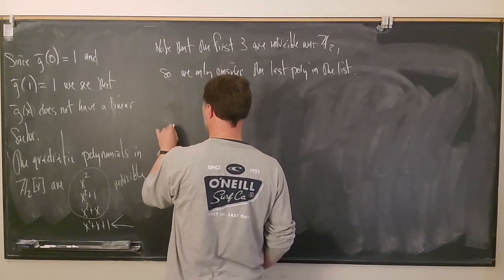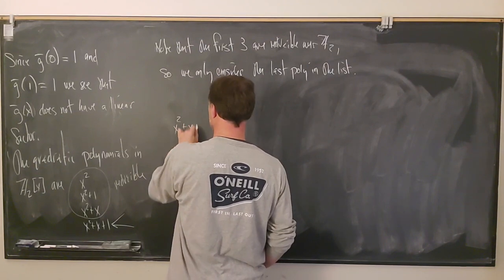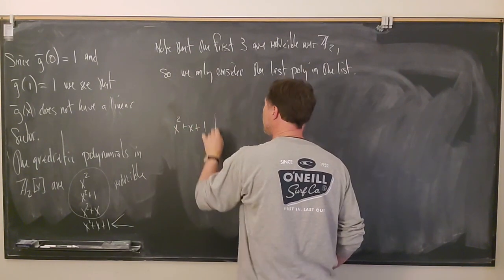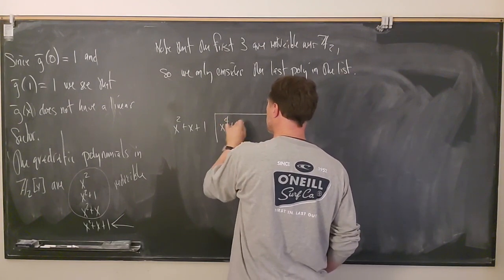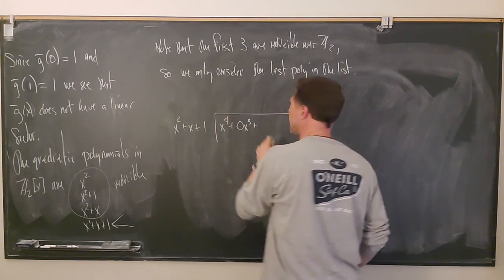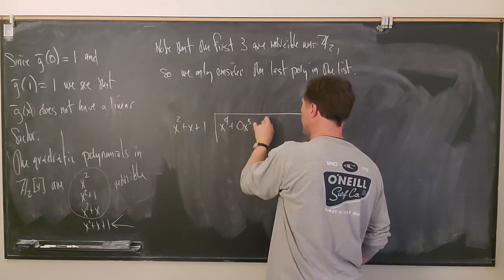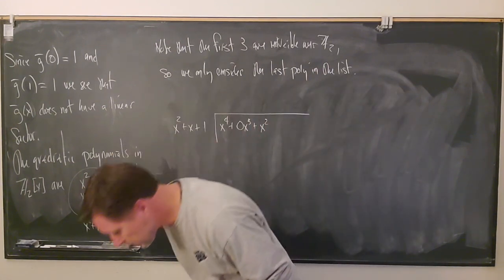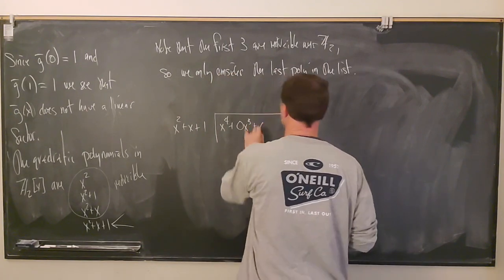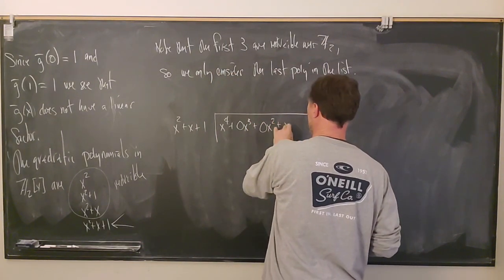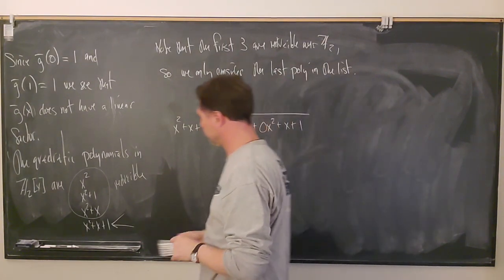So I do x squared plus x plus 1 into g bar. And that was, let's see, x to the fourth plus 0x cubed plus x squared. Who is it? No. Is it 0? Oh, yeah, 0x squared plus x plus 1.